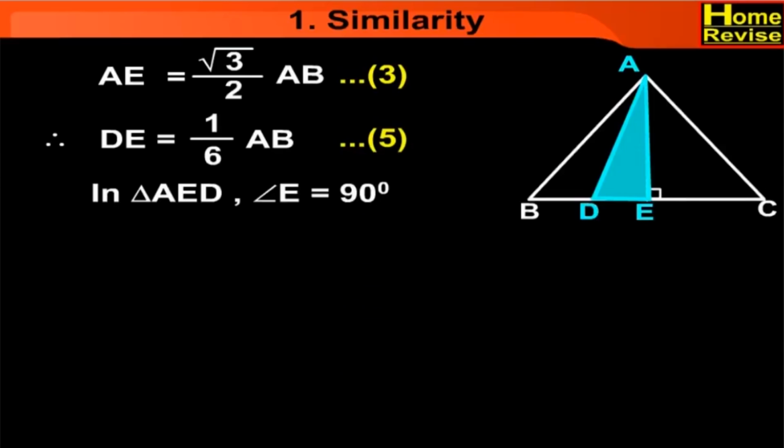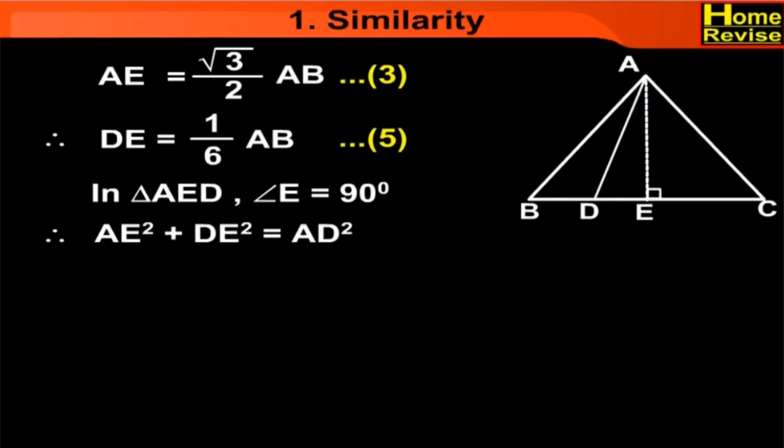Now, in triangle AED, angle E is equal to 90 degrees. Therefore, AE square plus DE square is equal to AD square by Pythagoras theorem.